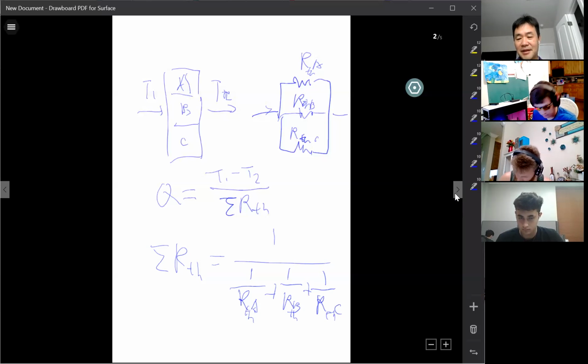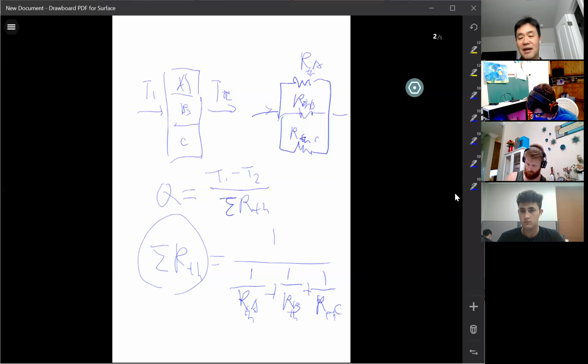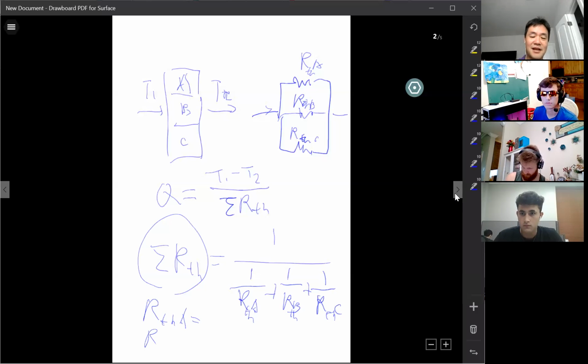Okay, is that right? So then you have a procedure now. If you see a parallel setup, you have a procedure now. First we just find the overall thermal resistance, just using this rule. But do you know RTHA, RTHB?